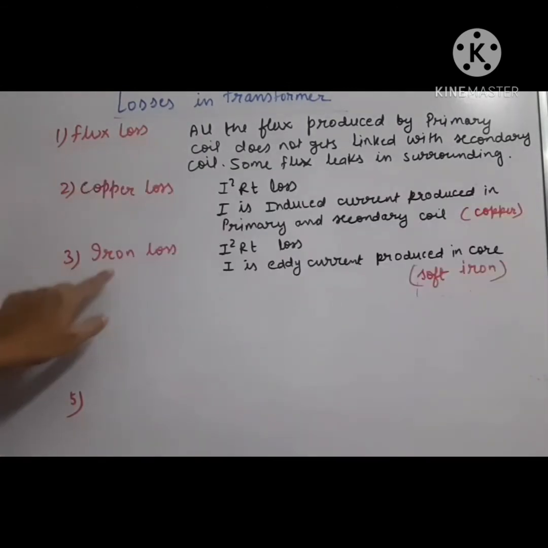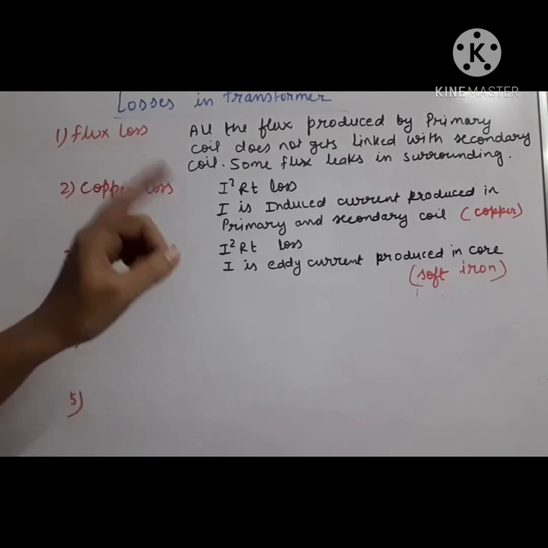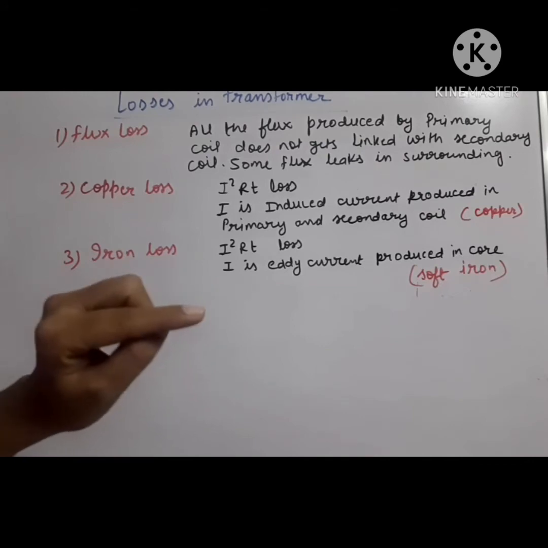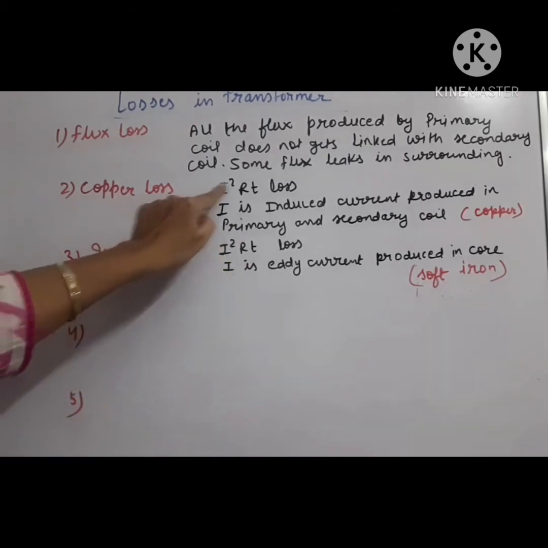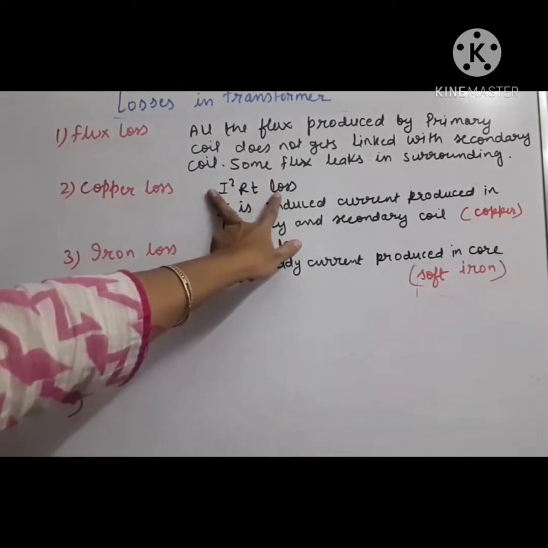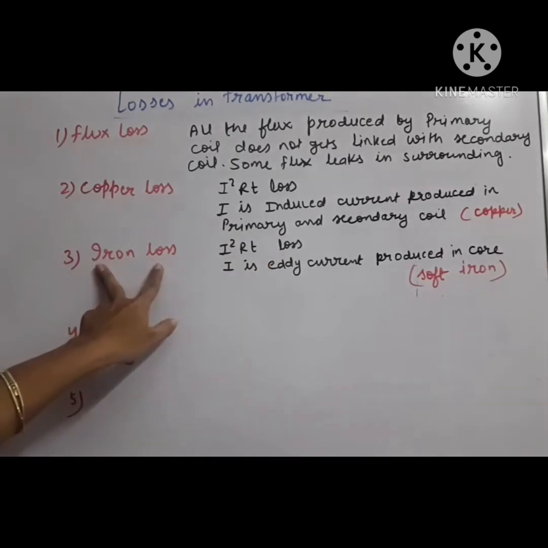The next two losses are almost the same: copper loss and iron loss. They are related to current flowing. We already know that whenever current flows in a coil or in any material, I squared R T is the heat loss. I squared R T heat loss is called copper loss, and I squared R T loss is called iron loss, depending upon which current we are talking about.